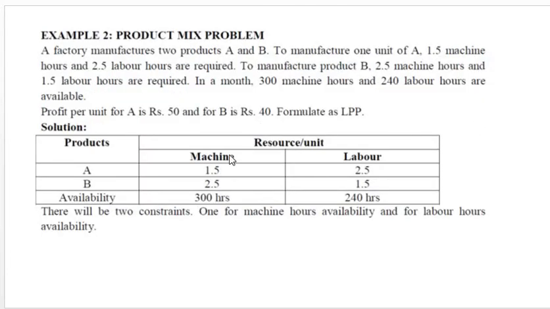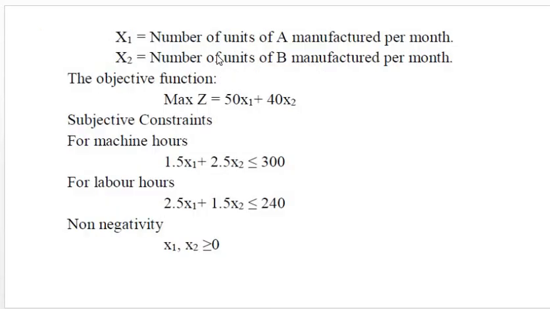So this is another example. Formulate this as an LPP. Profit per unit for A is rupees 50 and for B is rupees 40. So here x1 represents the number of units of A manufactured per month and x2 is the number of units of B manufactured per month.